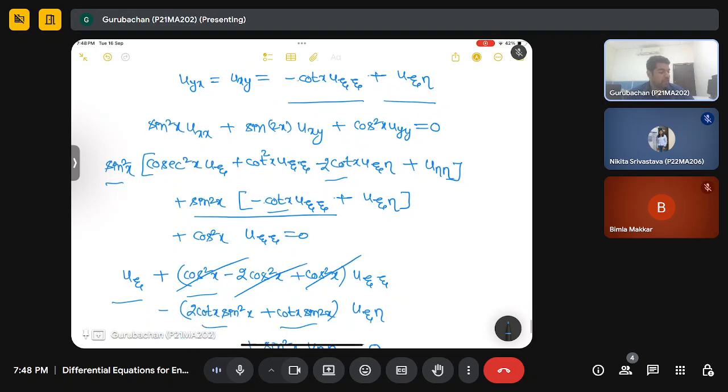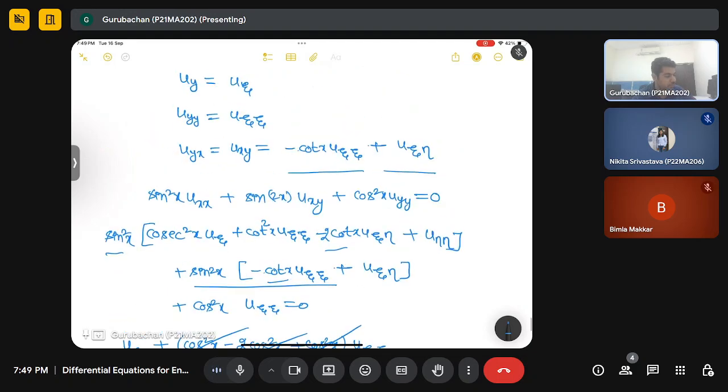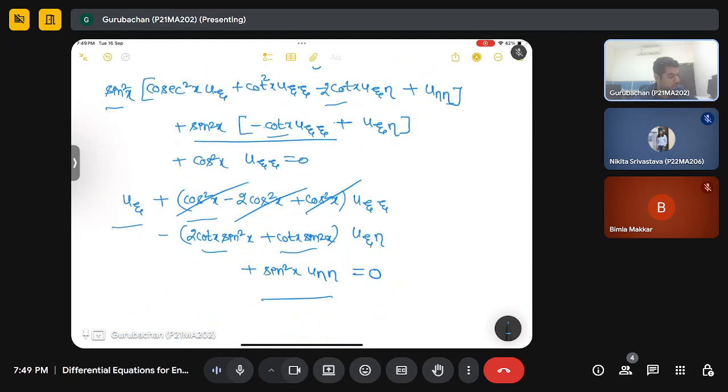And the last one is cos square x u yy, that is u xi xi. Okay, so here we missed one expression, I think. So u xi xi we have considered here already. So here we should write sine 2x directly, so sine 2x with positive sign.